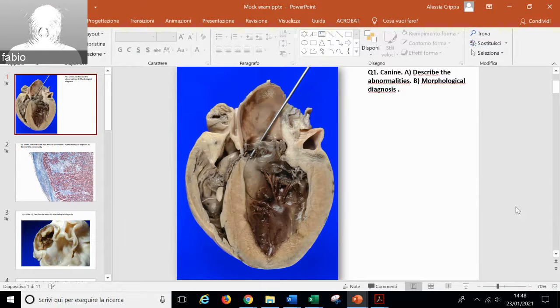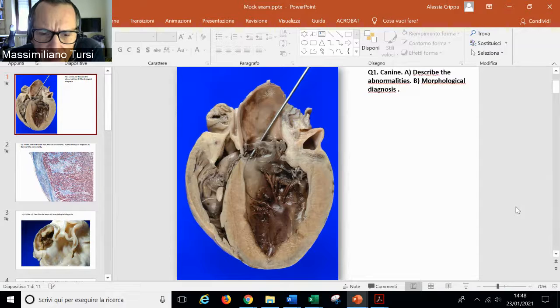So basically, here there is aortic endocarditis with aortic insufficiency that is causing the eccentric dilation. Is that right? Yeah. That's it. And for the description, the keywords could be the erosion on the flap, and also the shape and the volume of the left ventricle, so the increase of the cavity.